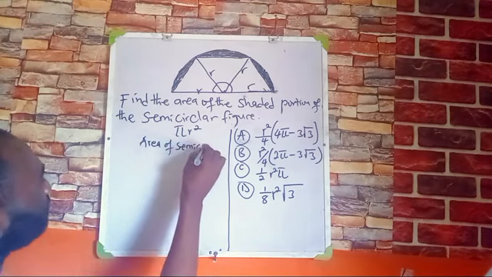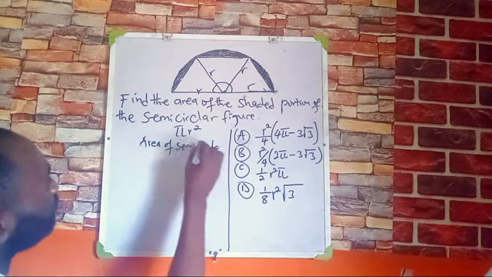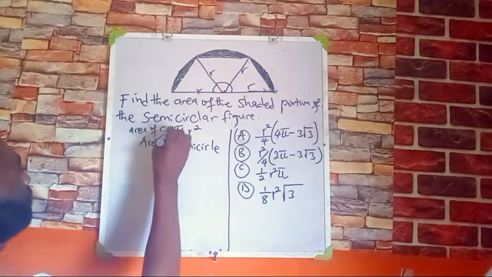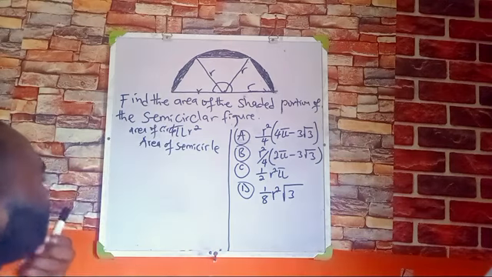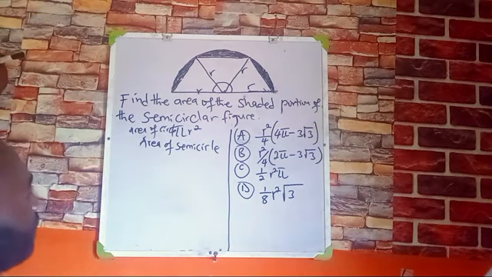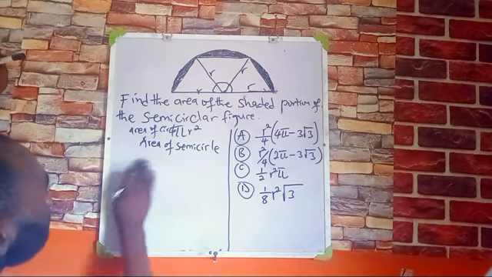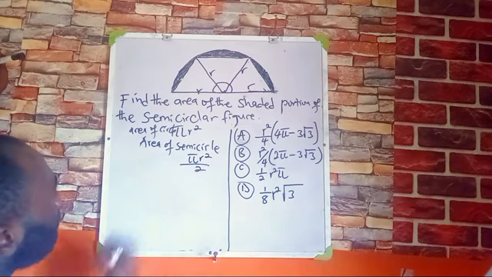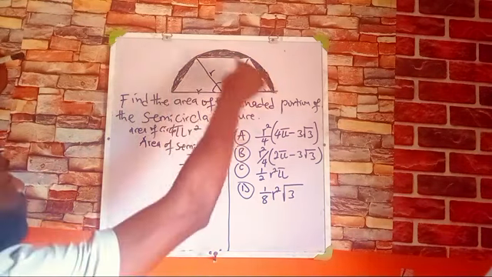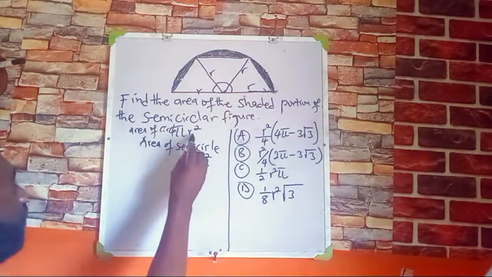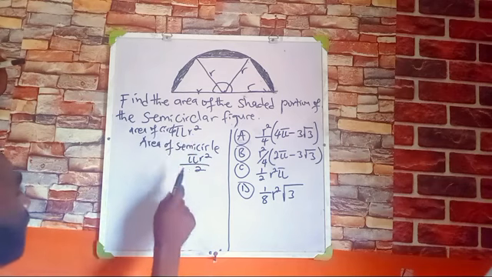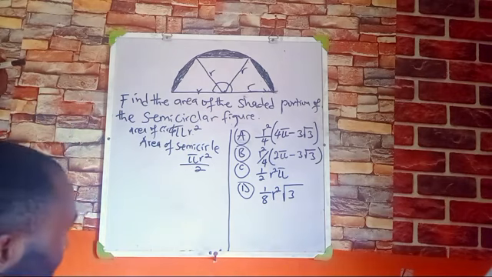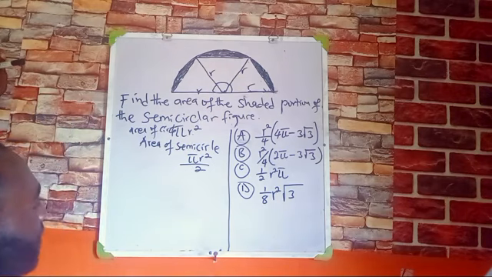When we divide the area of a circle, we have pi r square all over 2. That gives us half of a circle, because if the area of a circle is pi r square, then the area of a semicircle will be pi r square all over 2. That is half of it.